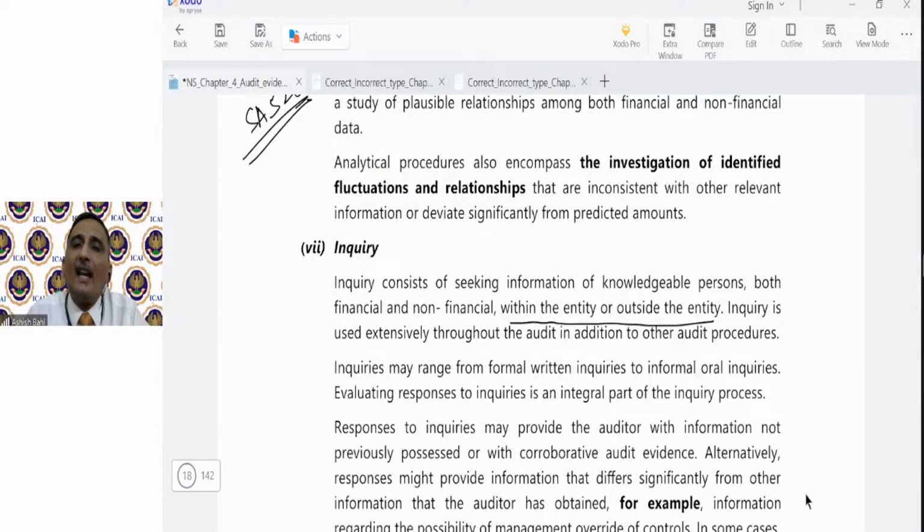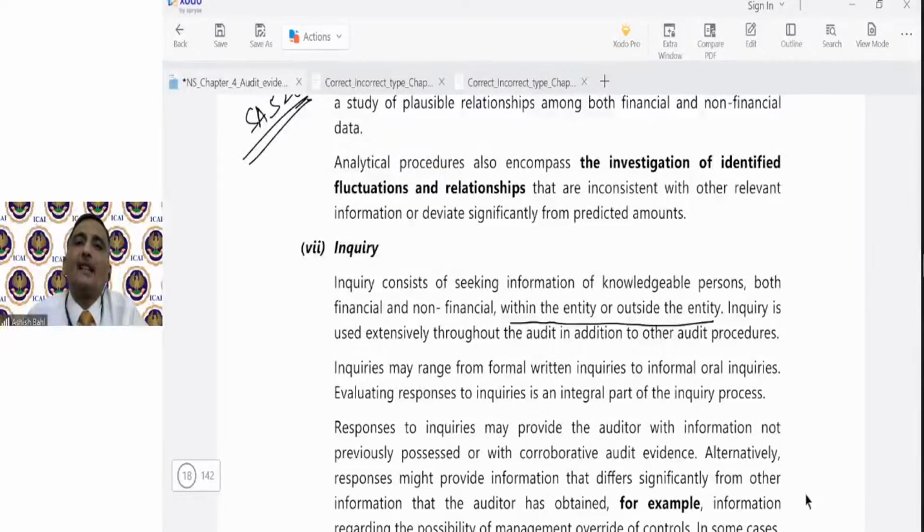And inquiry, as I've been telling you, involves the least cost, but it also provides the least audit evidence. So from the auditor's point of view, it is very cost effective, but it provides the least audit evidence. It has to be coupled with other things.